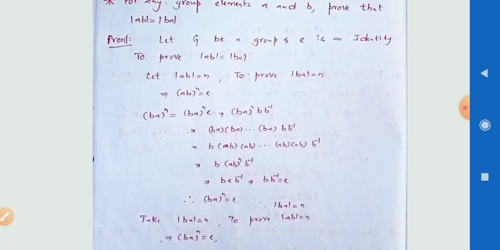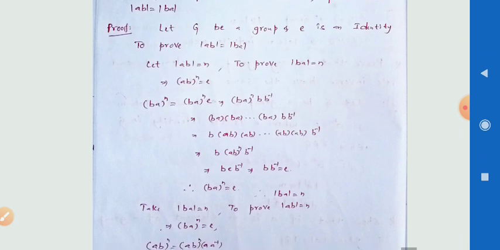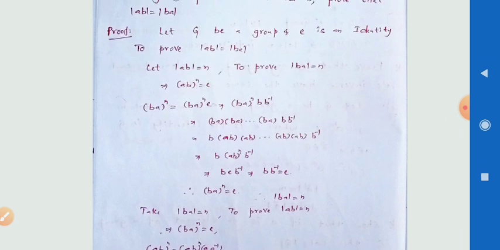By the closure property BA belongs to G, and AB also belongs to G. By this we get, I am writing, B into (AB) power n into B inverse.